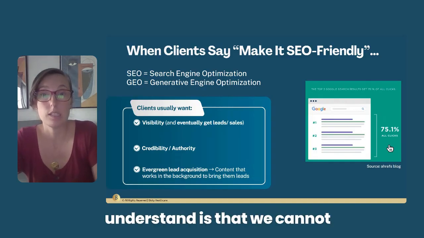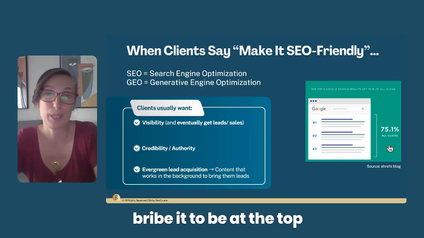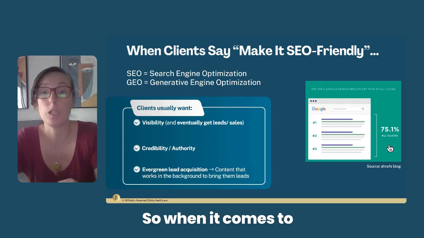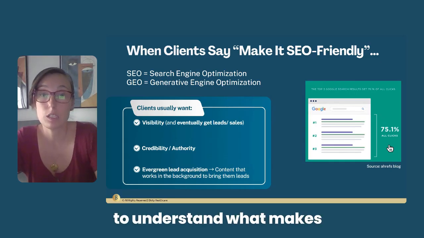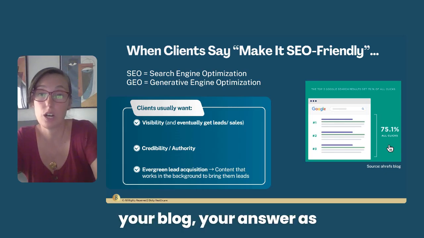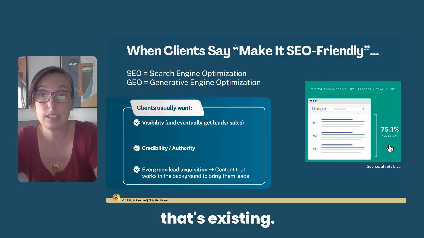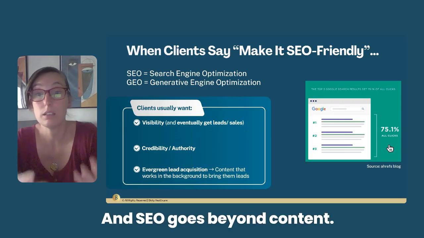Something important to understand is that we cannot pay Google, we cannot bribe it to be at the top of the results page. So when it comes to content, we need to understand what makes Google choose your blog, your answer as the best answer amongst everything else that exists. And SEO goes beyond content.